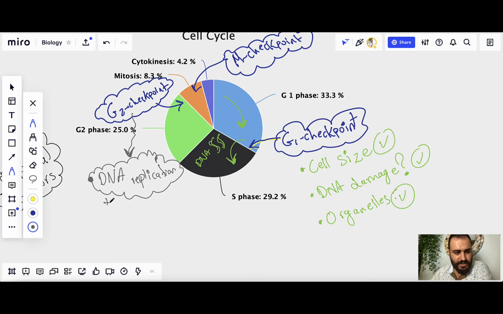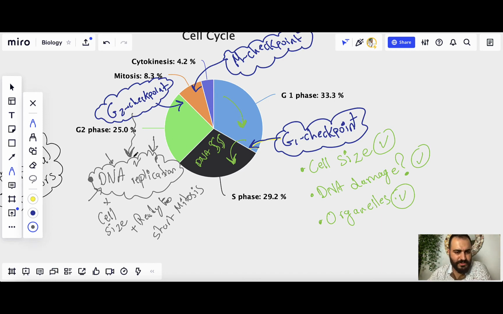So in addition, it will check for the cell size. And it will check if the cell is ready to start mitosis. But this is the most important event that happens during G2 checkpoint.